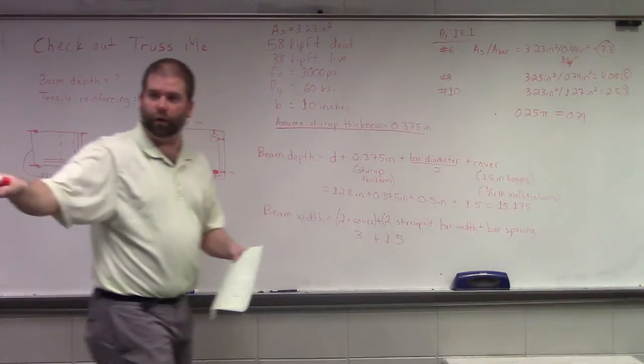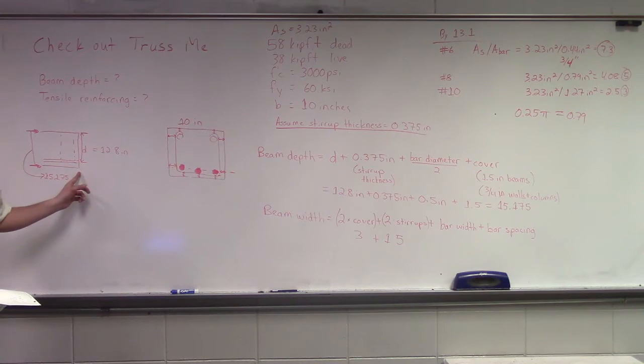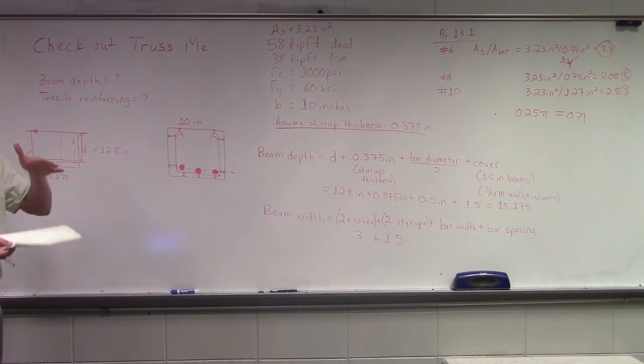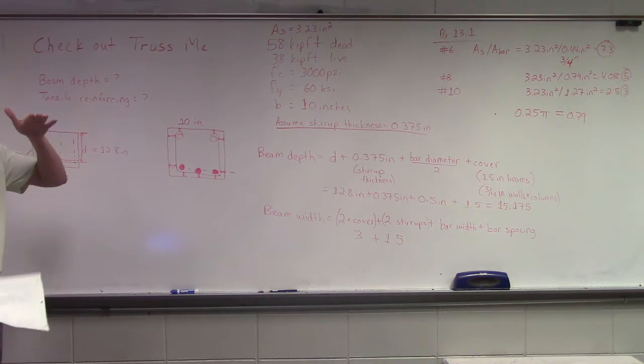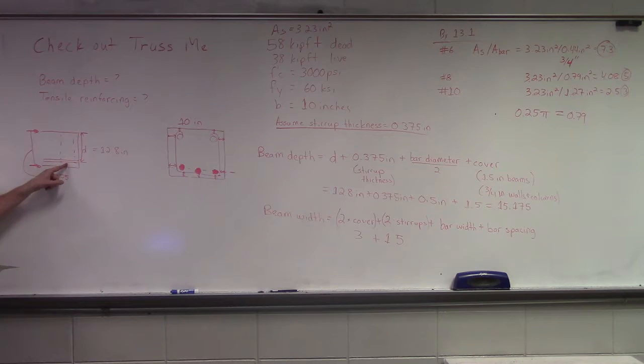But if we want to stack the bars, what happens to our beam depth? We've got to make it deeper, right? Because the first thing that's going to happen if we make our beam deeper is we no longer have 1 layer of steel, we have 2 layers of steel.